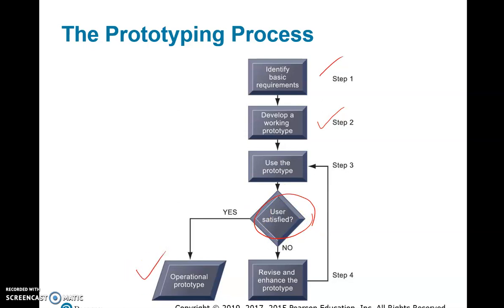If the user is not satisfied with that, you revise and enhance the prototype and then go back to step 3 so that you can bring the users again to see whether they are satisfied or not, till everybody is satisfied. So this is an easy to develop process, and it is also very useful in the end because this helps you in the change management process as well.